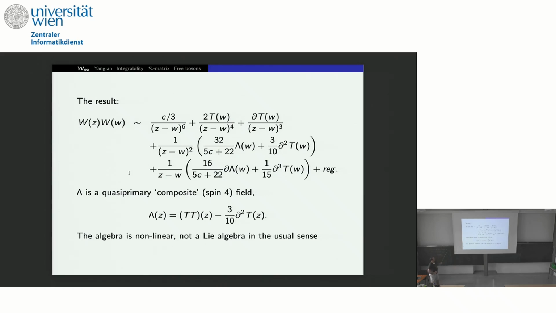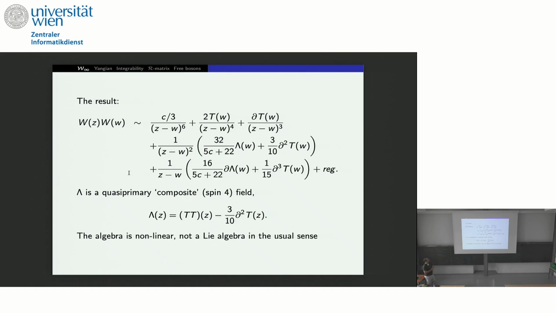But the main point is that among the fields appearing on the right-hand side, there is not just T and W. Sorry, W doesn't appear because of the Z2 symmetry, but there is not just T, there is also a composite field lambda, which is basically T squared. Okay, so the algebra somehow imposes the nonlinearity on you. You cannot really choose to eliminate the nonlinearity.